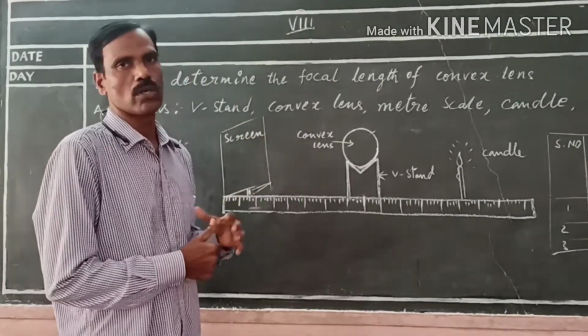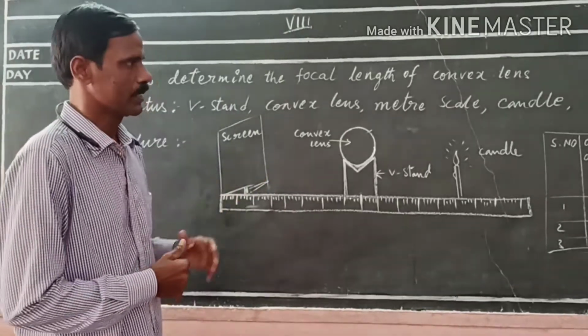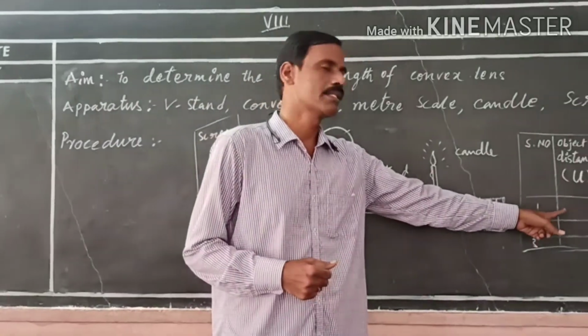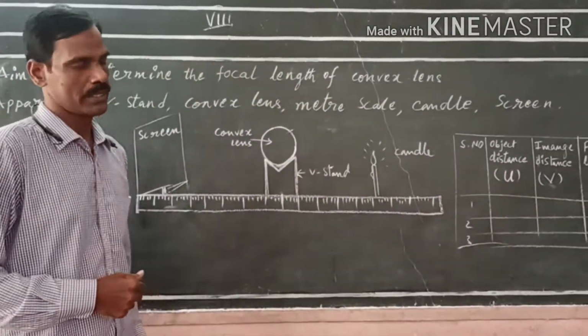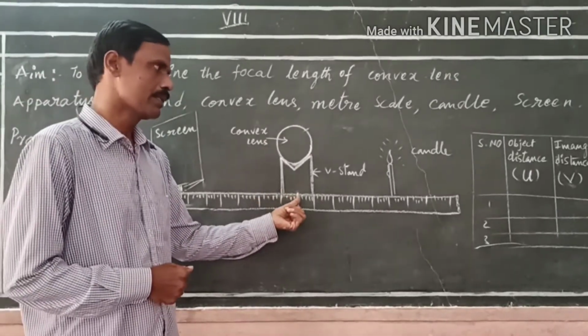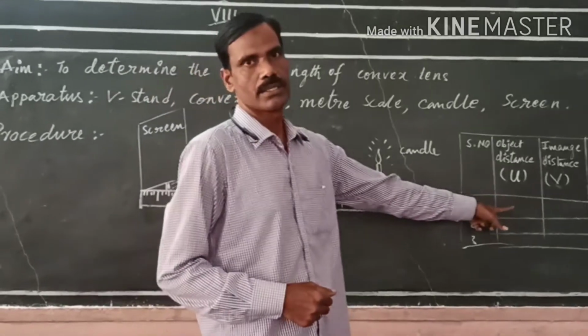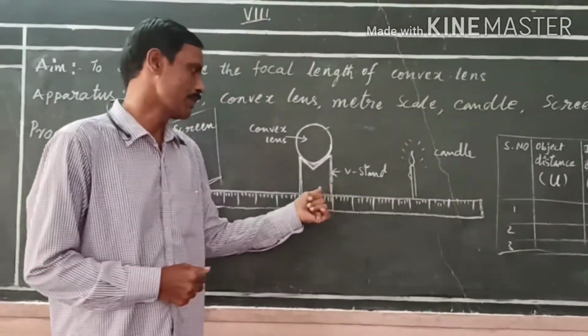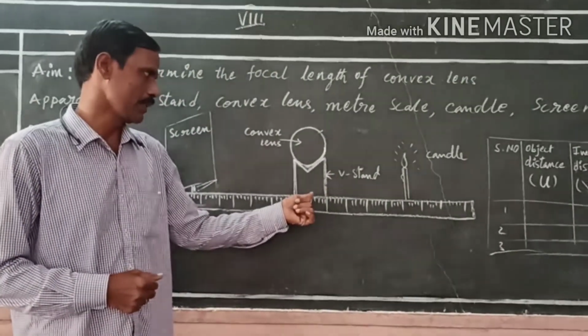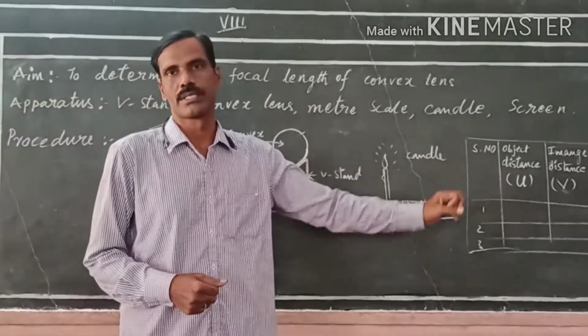After getting the image on the screen, we have to find two distances, that is object distance and image distance, using the meter scale. The distance between lens and candle will give you object distance u, and the distance between lens and screen will give you image distance.